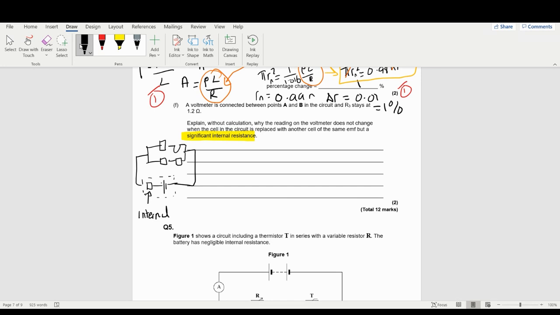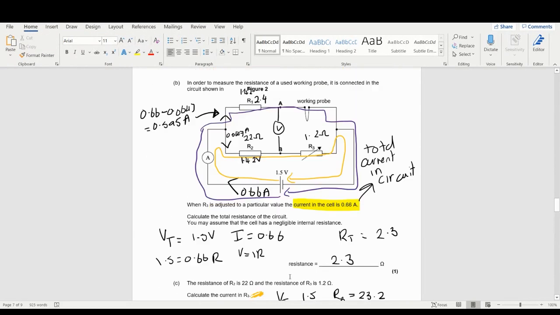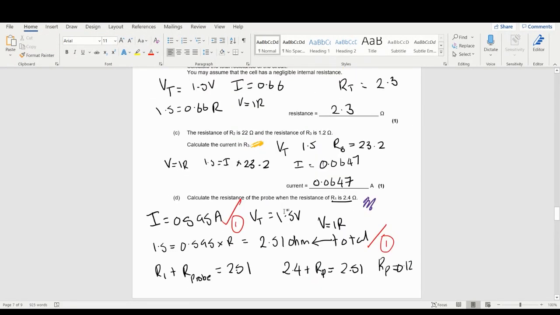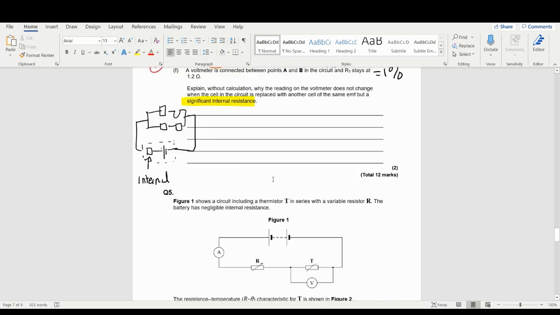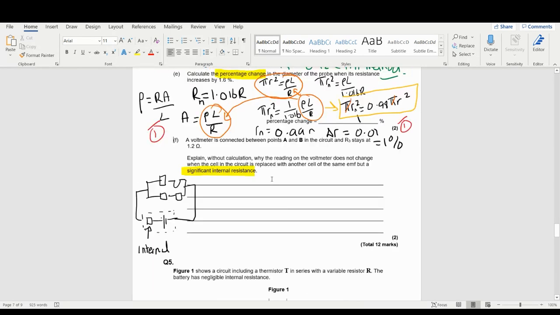But explain without calculation why the reading of the voltmeter will still read 0. It's all to do with the fact that you are not changing anything about the percentage split of current. Both these probes are still going to have the exact same voltage across them. Whatever's left after the internal resistor has taken it away, it will still have exactly the same in each branch, which means that it will have the same difference between them.